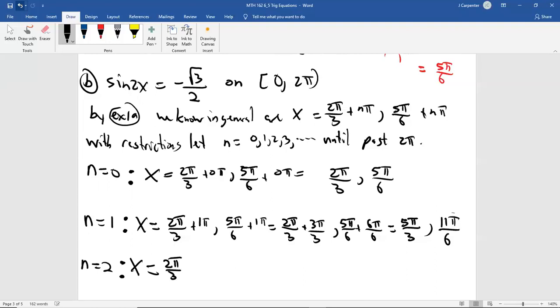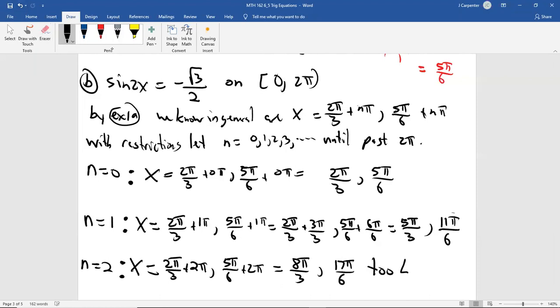So 2 pi over 3 plus 2 pi, now again, that 1 for the n is now a 2, or it could be 5 pi over 6 plus 2 pi. I'm going to skip showing the LCD work. You're just going to end up getting 8 pi over 3, and comma, 17 pi over 6. 8 divided by 3 is bigger than 2. 17 over 6, not 3, excuse me, 17 pi over 6.